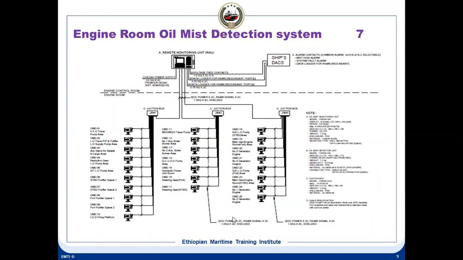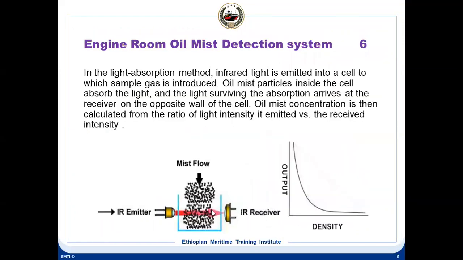So all these areas, they have been fitted here. And from all of them, it comes to the engine room console, a main panel inside the engine control console. And it will always indicate what the level is. You can see whether it is going up and down, it will be indicated. So as soon as it goes high, it gives an alarm. Okay.